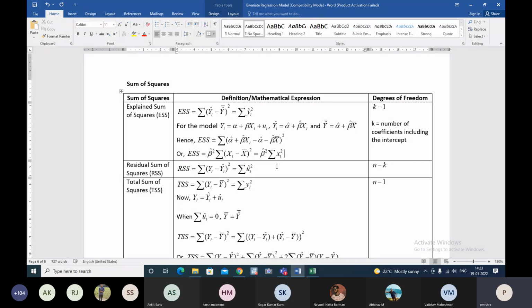Explained part means the part of the variations in the dependent variable which is explained by the estimated model. And this part is known as explained sum of squares. And the other part is basically the remaining variations in y which is not explained by the regression model.